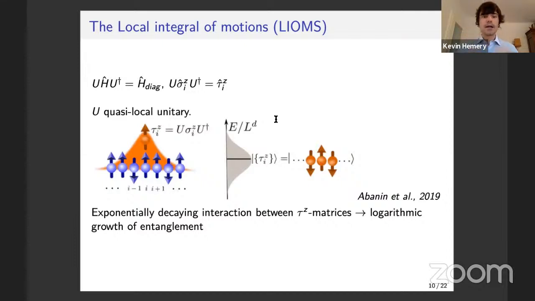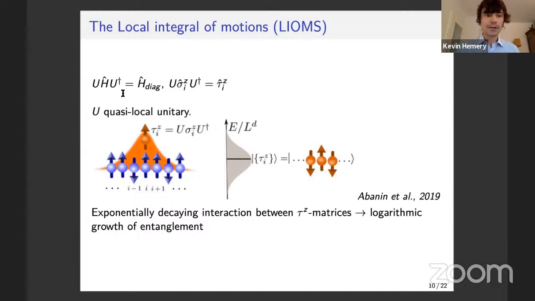More precisely, there are emerging local quantities due to the disorder, but these conserved quantities are very special because they are quasi-local. These quantities are called the tau Z matrices, and if you look at this operator, it's actually exponentially decaying in real space. So this is a very special conserved quantity, right?